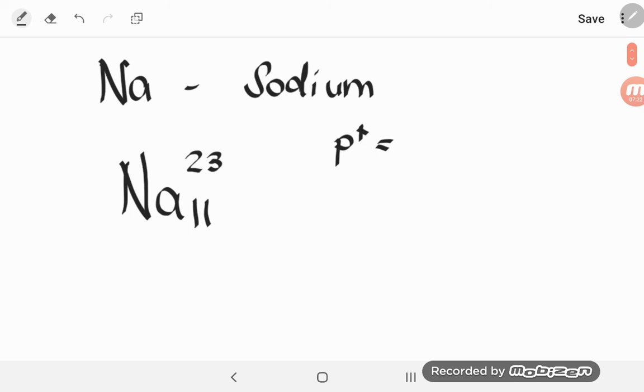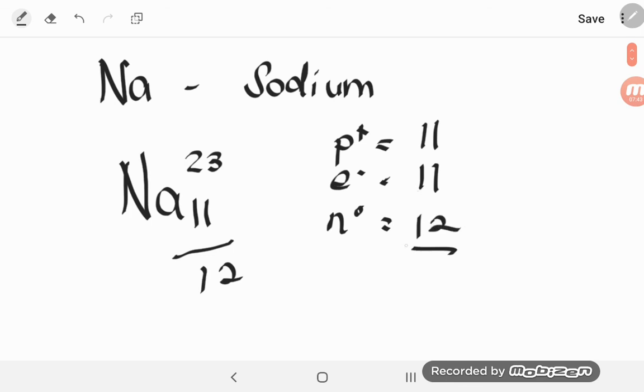So the protons is 11. And since the atom is electrically neutral, that gives us the number of electrons as 11 also. To get the number of neutrons, subtract 11 from 23, that gives us 12. So the number of neutrons for sodium is 12.